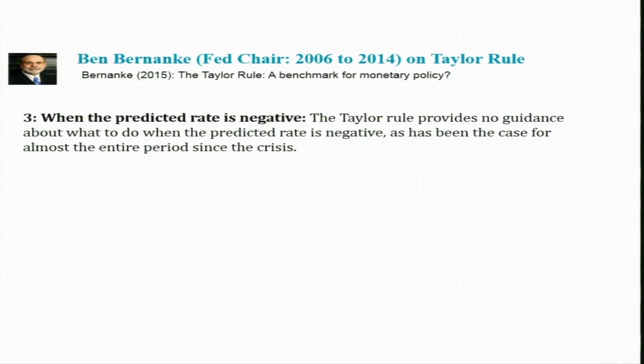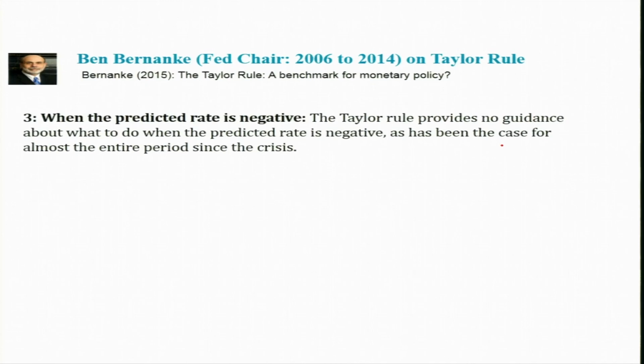The third one is when the predicted rate is negative. The Taylor rule provides no guidance about what to do when the predicted rate is negative. Suppose by plugging in all the values you get a negative Fed funds rate. That means when one bank is borrowing from the other, instead of paying interest, the borrowing bank will be getting interest from the lending bank.